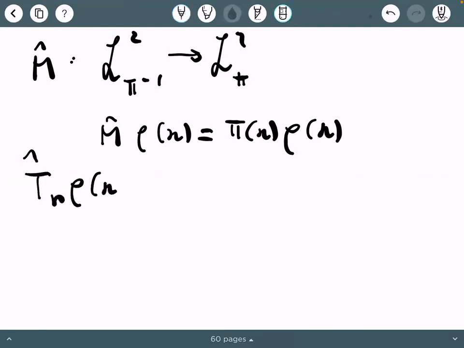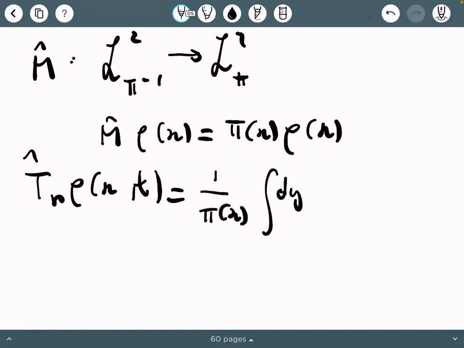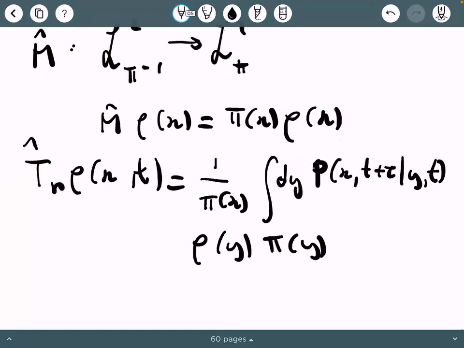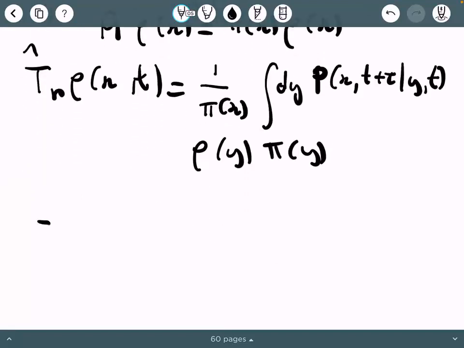But if you apply the transfer operator to my rho function, then you can write this in terms of the M operator.